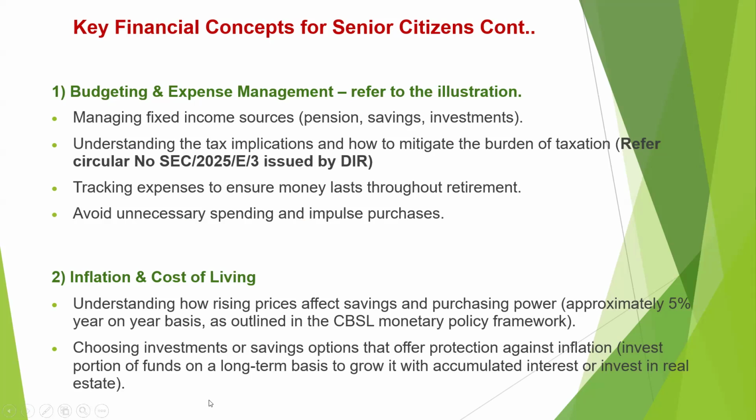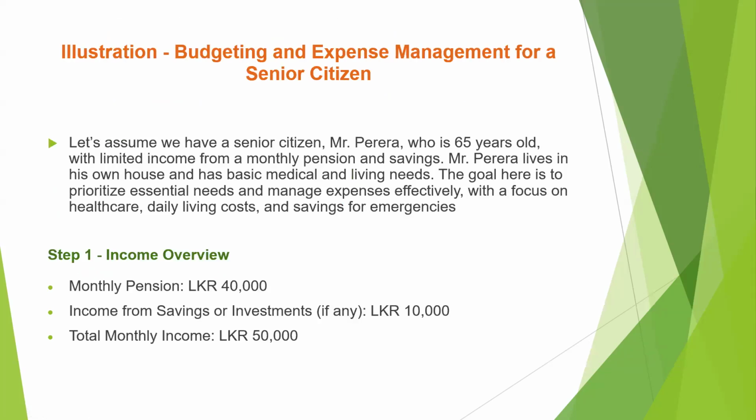Before I move into inflation and cost of living, let me just run through this illustration. Let's assume we have a senior citizen, Mr. Pereira, who is 65 years old with limited income from monthly pension and savings. Mr. Pereira lives in his own house and has basic medical expenses and living needs. The goal here is to prioritize essential needs and manage expenses effectively, with a focus on healthcare, daily living costs, and savings for emergency.